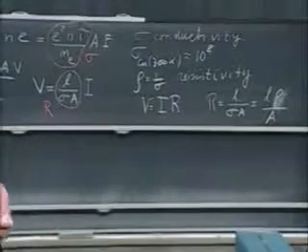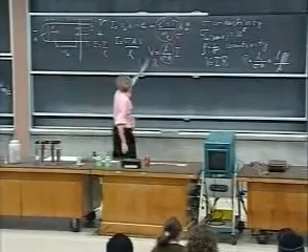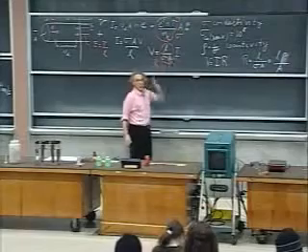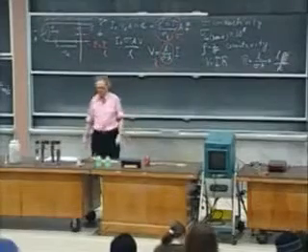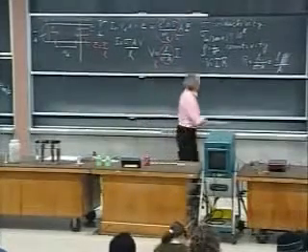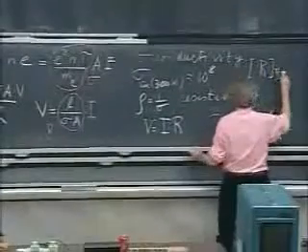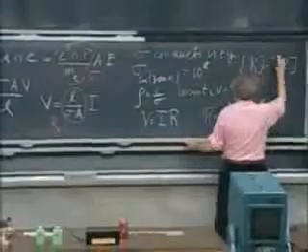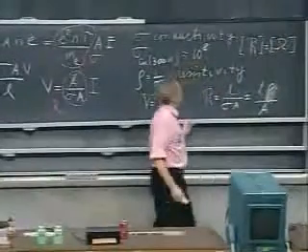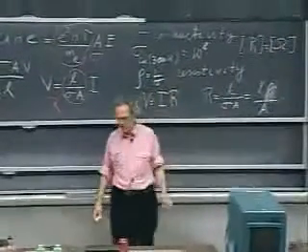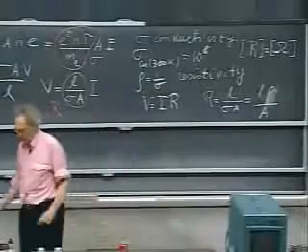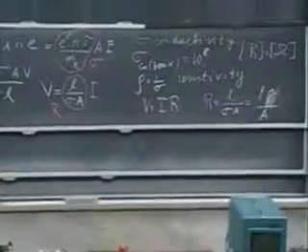The unit for resistance R is volts per ampere, but we call that ohm. And so the unit for R is ohm. And so if you want to know what the unit for rho and sigma is, that follows immediately from the equations. The unit for rho is then ohm meters.